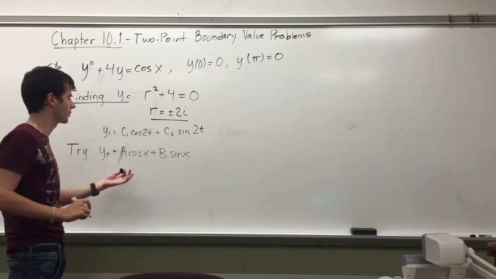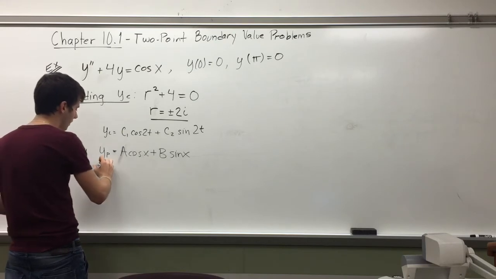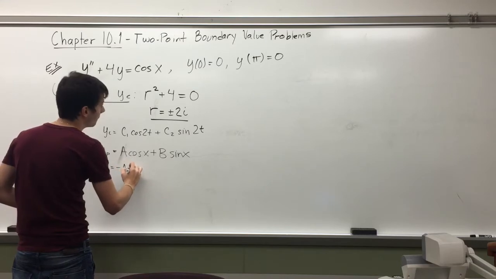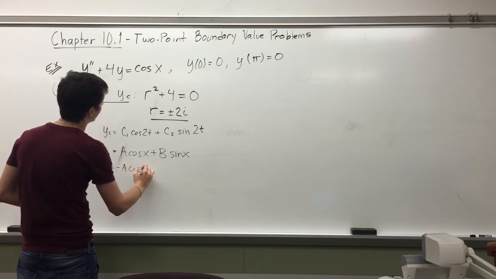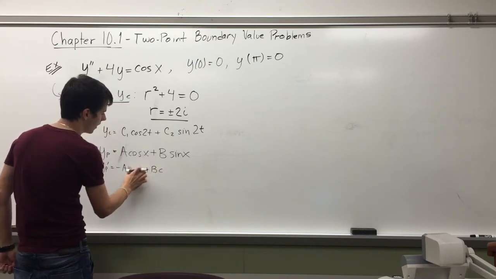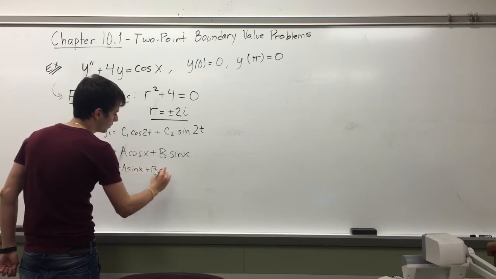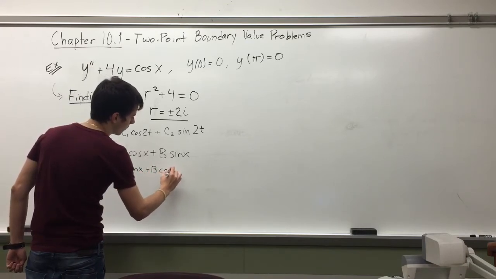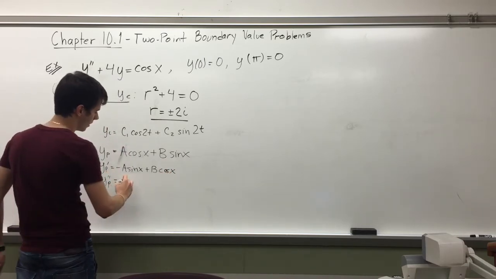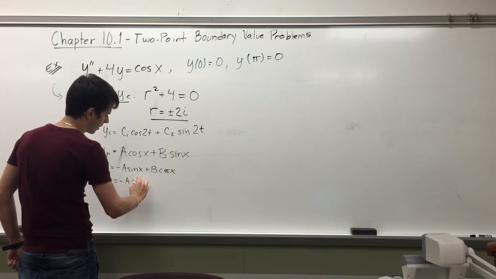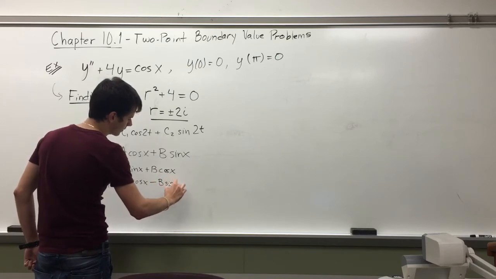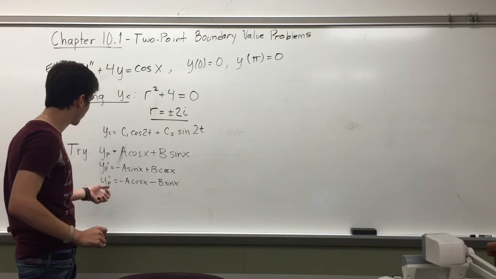If we take the derivative, y_p prime, we're going to have negative a sine of x plus b cosine of x, and if we take the derivative again, we're going to have negative a cosine of x minus b sine of x. Alright, so this is what we get for y_p double prime.